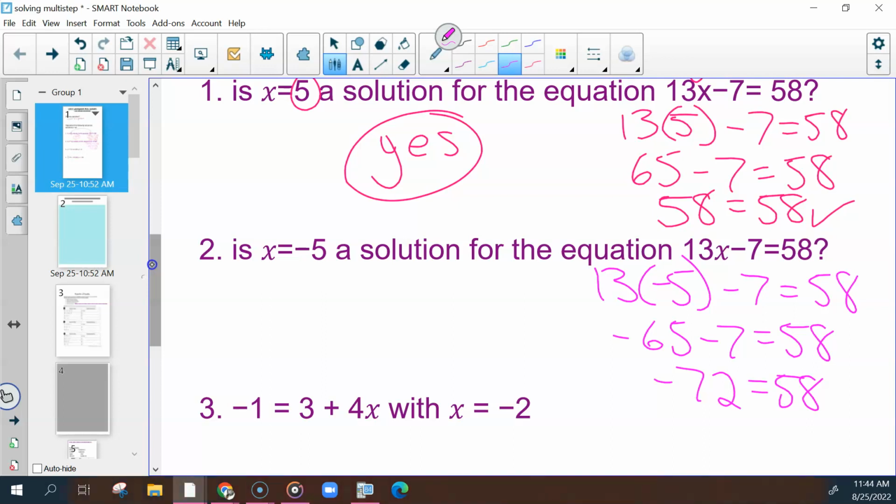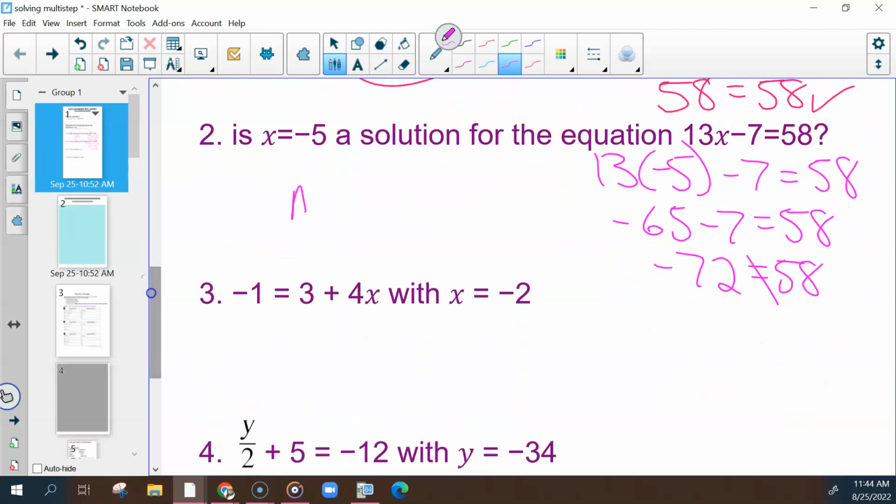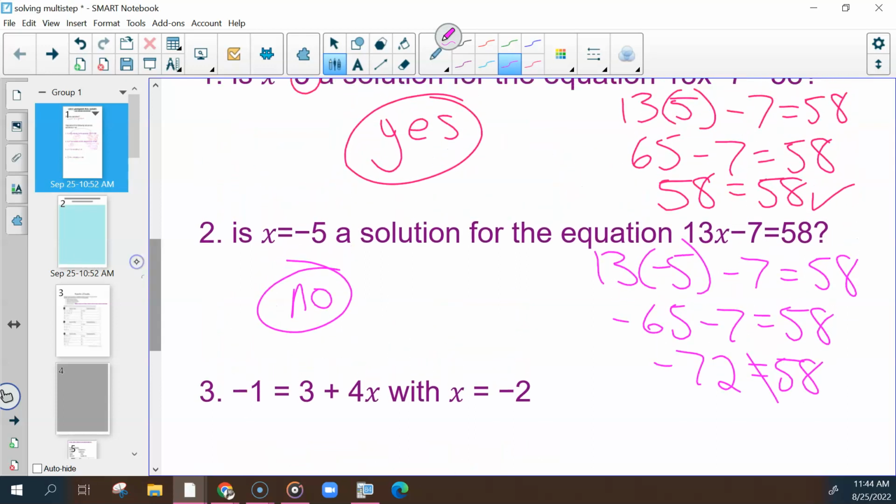No. These do not equal each other. Negative 72 does not equal 58. So this is not the solution. So that would be a really good way to check yourself. You put something in and you don't get the same thing at the end. Uh-oh, I did something wrong. And you got to go back and figure out what that is. Right? Questions on how to determine if something is or is not a solution?